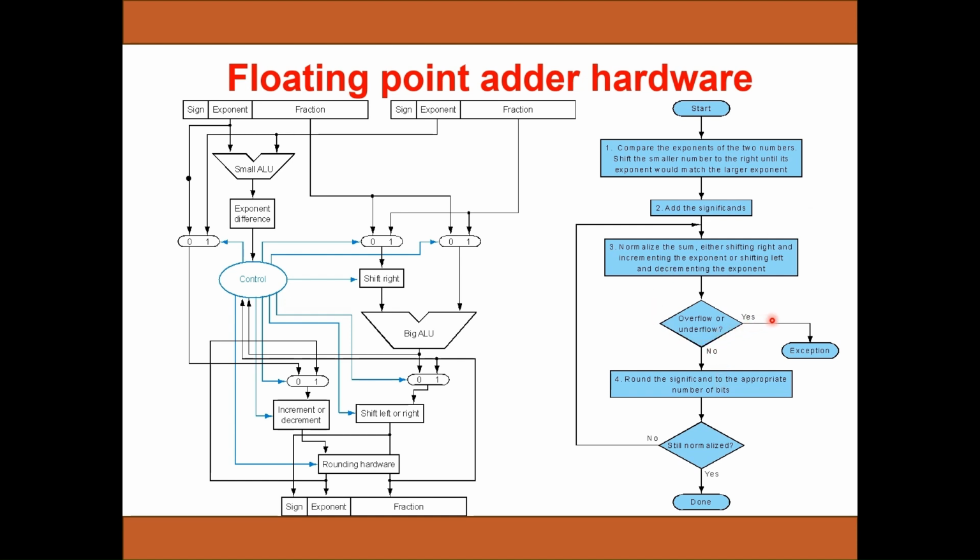If there is overflow or underflow, an exception should be raised that something has gone wrong in this operation. Otherwise, if there is no overflow or underflow, the fourth step is rounding. And after rounding you also need to normalize, in some cases if it becomes denormalized, and this will be the end of the operation.